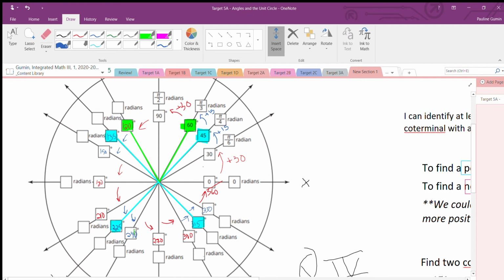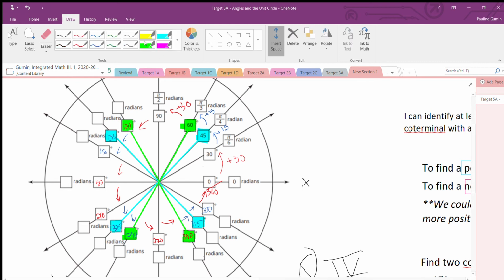That's 60 times 4. You would say, oh, Miss Gumin, that's 60 degrees. I'd say, oh, good, you must have looked at the first quadrant. And then if I say, what is the reference angle for 300 degrees? You would say, hey, it's 60. Because I looked at the first quadrant and I'd be like, wow, good job.